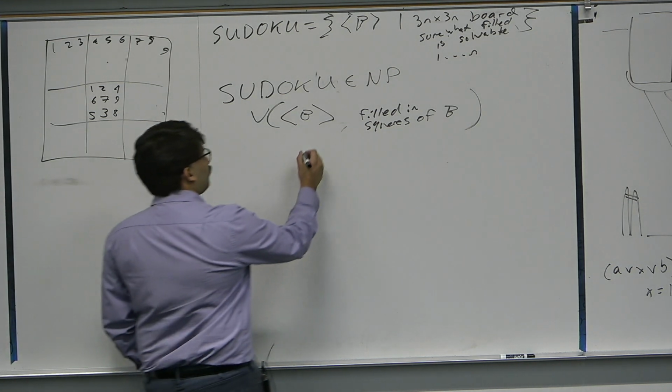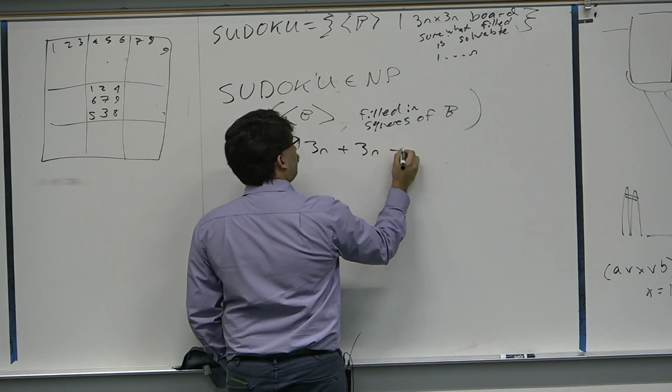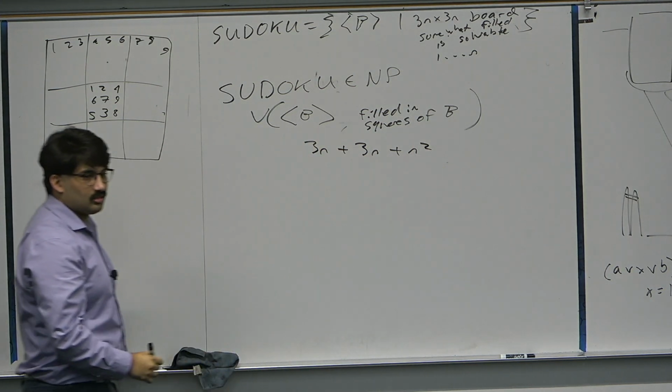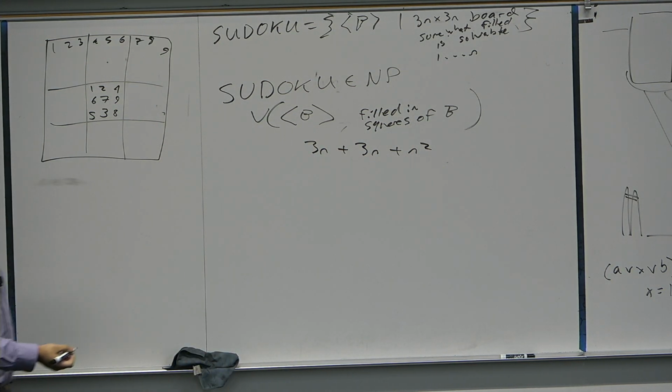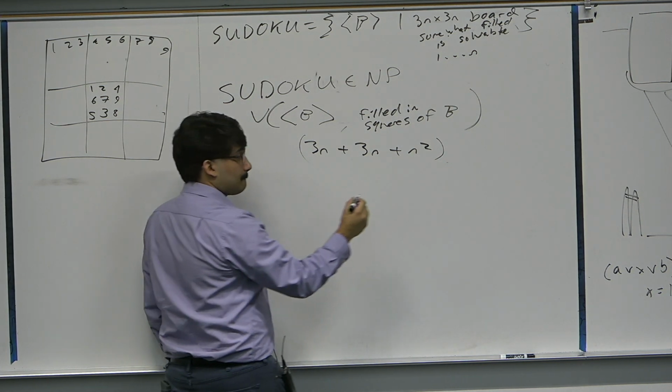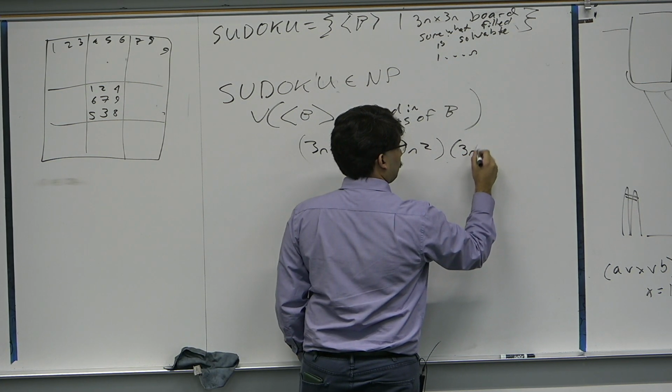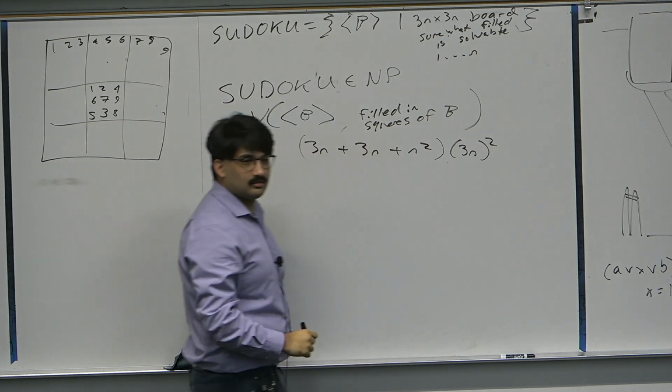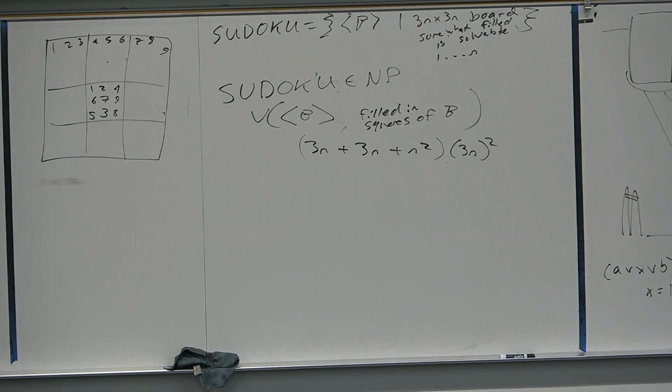It's going to check 3n plus n squared cells for each square. And how many of those are there? Right. So, don't know what that is, but it's polynomial. There's probably an easy way to do it, but it's good enough. Just check all those squares. Consistency can be determined in such a way.